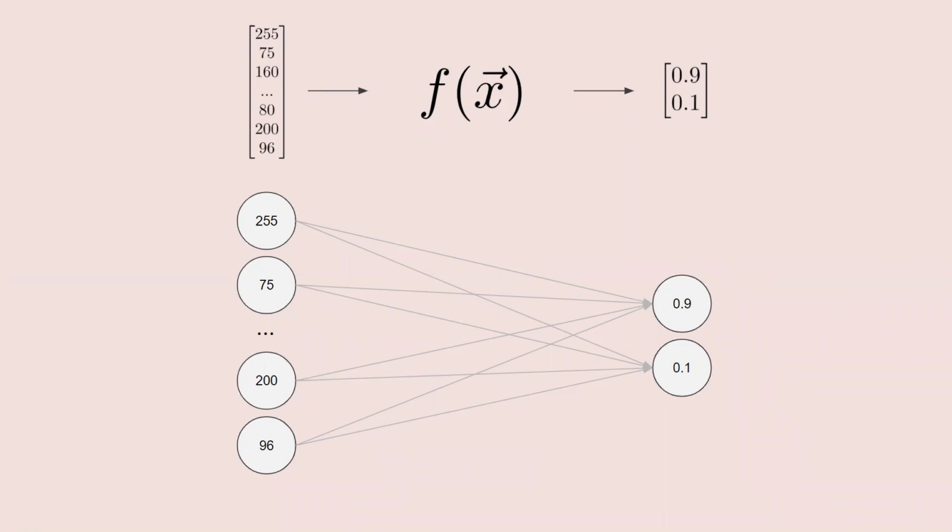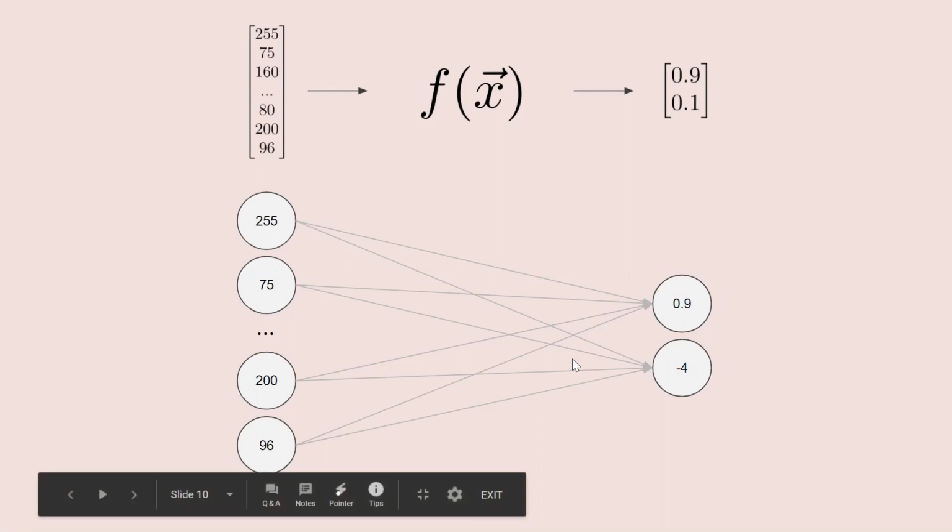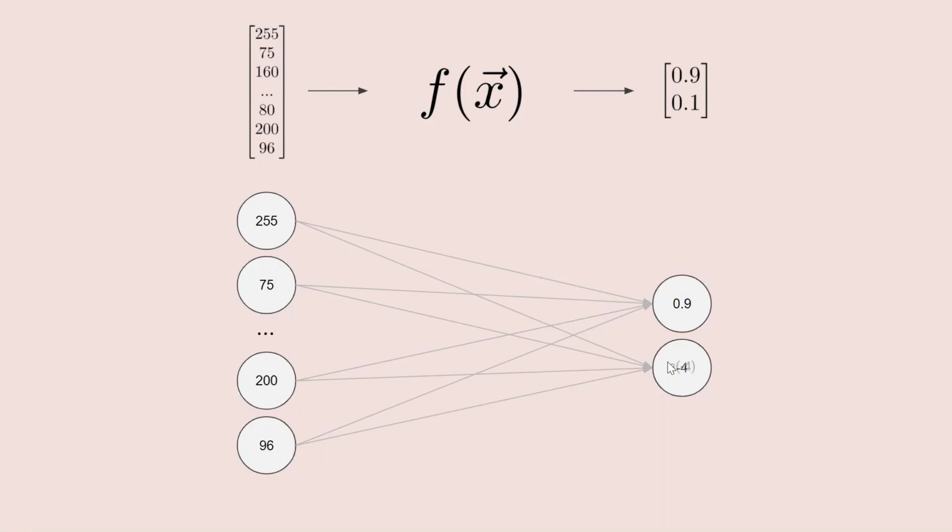Before, our weighted sum was just -4, but we push it through this activation function, and yes, we do scale it down into the range of 0 to 1. Any more questions?